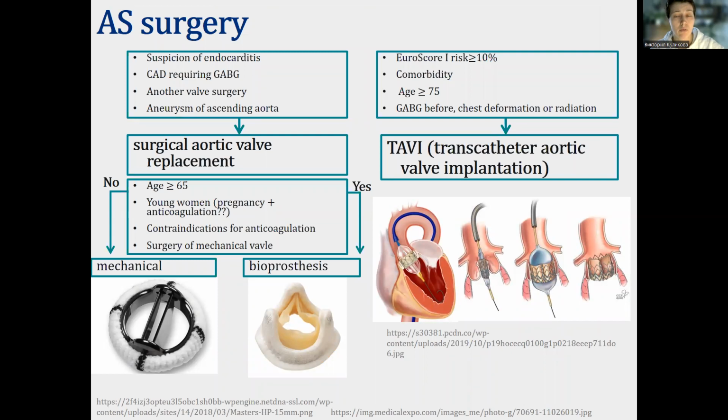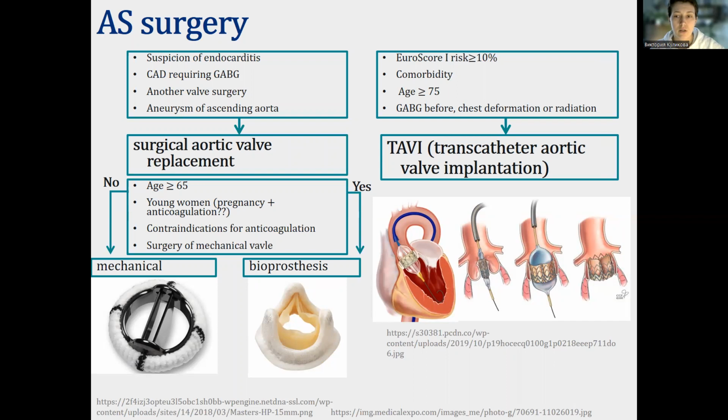Now a few words about surgery. In general, we can do surgical aortic valve replacement and transcatheter aortic valve implantation, or TAVI. If we suspect endocarditis, or want to do CABG, or suggest another valve surgery, or the patient has aneurysm of ascending aorta, we choose surgical aortic valve replacement.